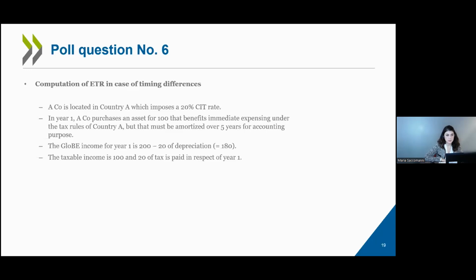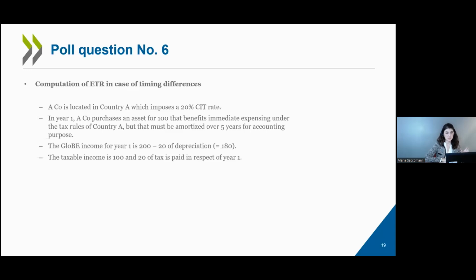Okay, so as described earlier, the adjusted covered taxes is made up of 2 components. We have the current tax expense, and that in this example is 20, and we also have to consider the deferred tax amount. So the tax calculation in this case represents a deferred tax amount in respect of a tangible asset. This tangible asset has a different treatment for tax purposes and accounting purposes.